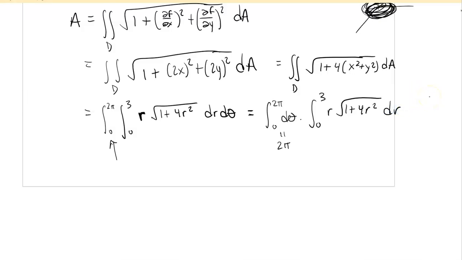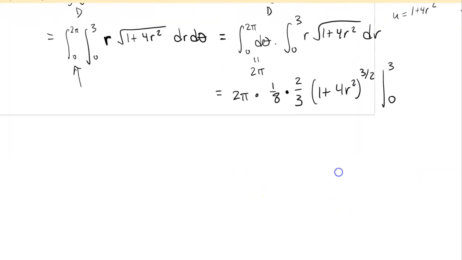Our substitution factor is going to be 1/8 if you let u equal 1 plus 4r squared. So it's 2 pi times 1/8 as our substitution factor. Now we are integrating the square root, so that is going to be something to the 3/2, which means we need a 2/3 out front. That's going to be 1 plus 4r squared to the 3/2, and we need to evaluate that at 3 and at 0.